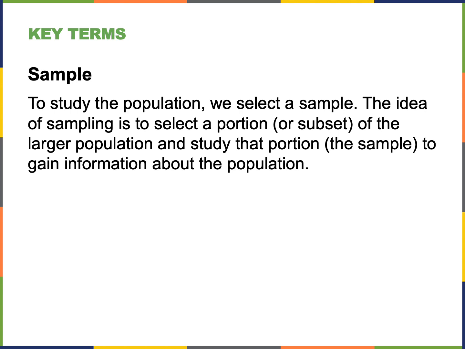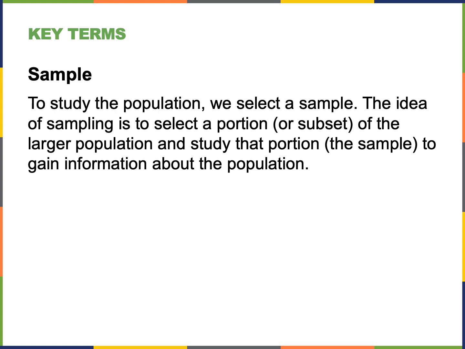So to effectively study a population, we take what's called a sample. A sample is basically a little subset or portion of the larger population, and we study that piece, that subset, that group of people, to gain information about the population as a whole.